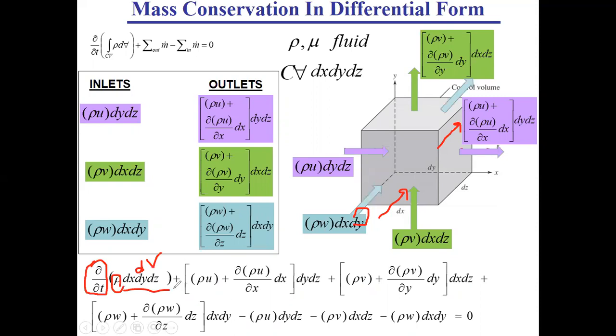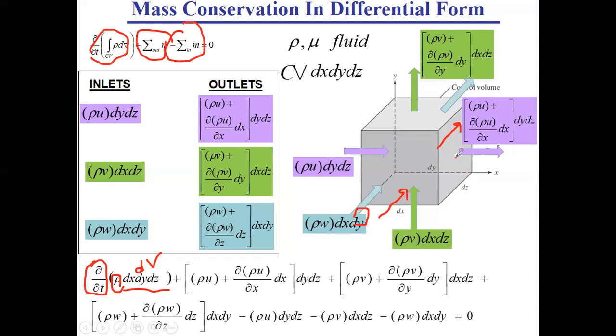I will start with summing the outlets, because the mass balance equation is the storage term plus the sum of m dot out minus the sum of m dot in equals 0. So now I will consider all outlet flow rates.